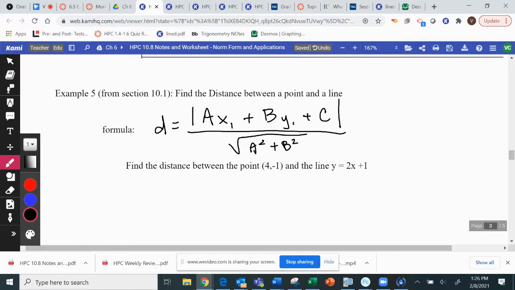To do that, you will be given a point, or you will be able to find a point, (x1, y1), and a line, ax plus by plus c equals 0.